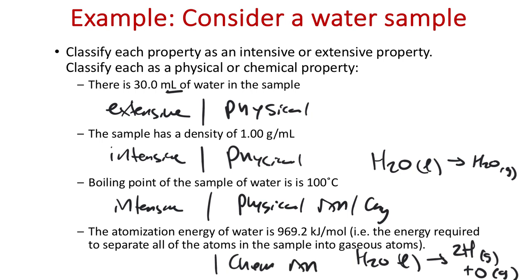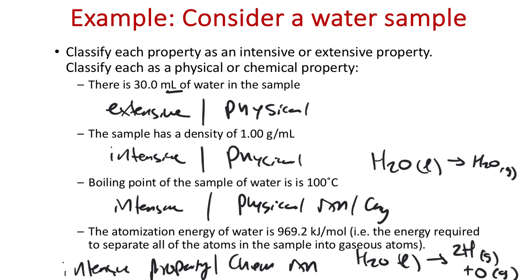And then the property itself, this is maybe a little confusing too, in terms of if I had more water. I said it was 969.2 kJ per mole of water, and a mole is the quantity of water. So because it's kJ per mole, that would be quantity independent. So this goes to an intensive property. I guess I started off my explanation a little bit off.